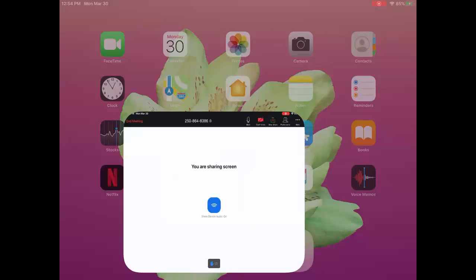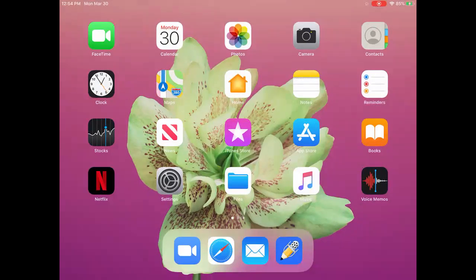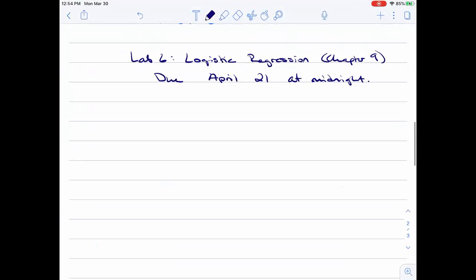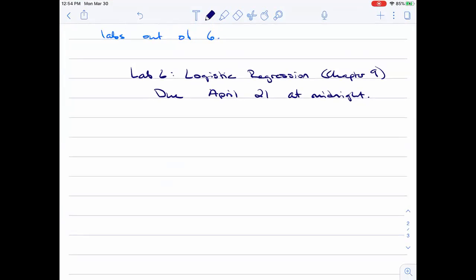I will post an example solution to lab 5, but if it's anything like the other labs, there's lots of different options, and as long as you used the methods, sure.